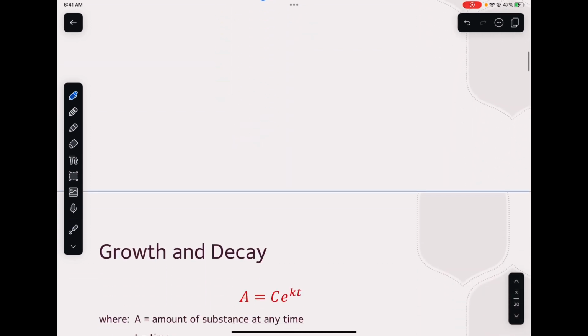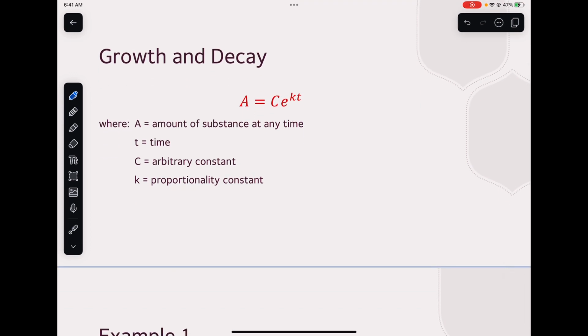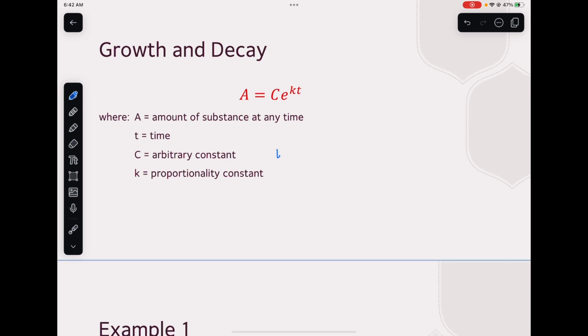We just have to define that A corresponds to the amount of the substance at any instant of time. Then we have two constants here: the arbitrary constant C and the proportionality constant k. Those two constants can be found as long as we have two initial values. Typically the arbitrary constant C is taken when time is equal to 0, so we will be able to get the value of C. Then for the proportionality constant, we need another value other than 0.